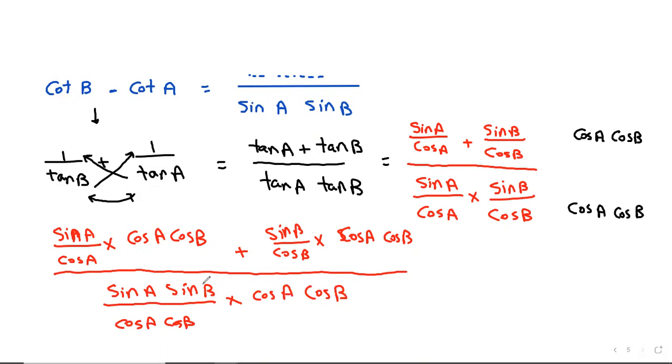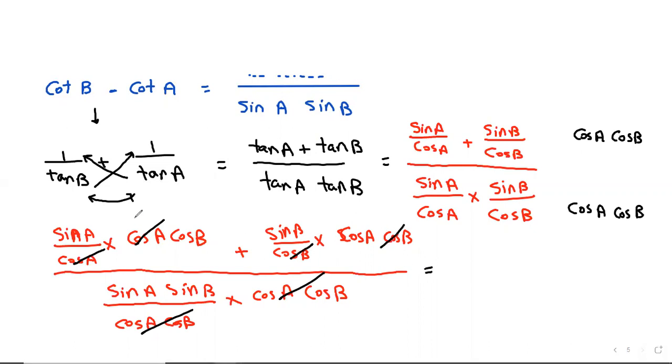Then we are going to cancel cosine A, cosine B here, and cosine A, cosine B. And sine A over cosine A multiplied by cosine A, cosine B will cancel cosine A here and cosine A. And here we have cosine B down here, cosine B, and here cosine B. So one cancels another out.